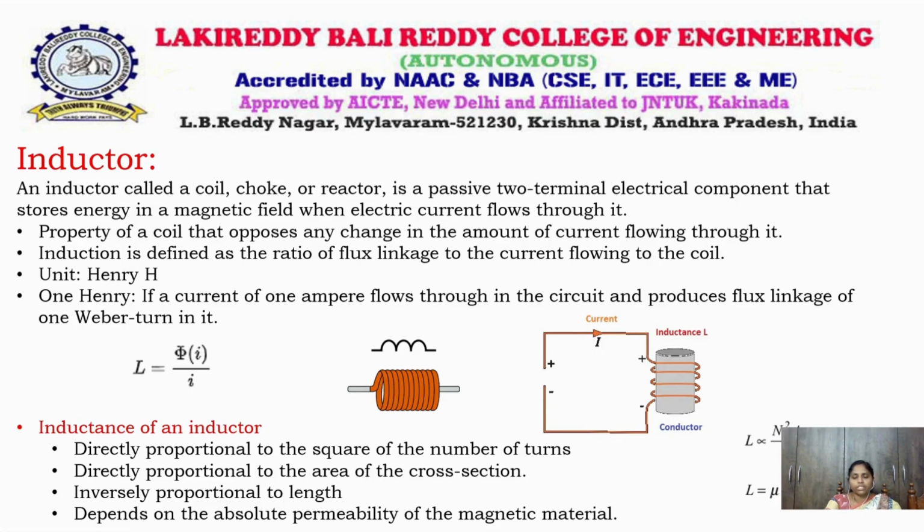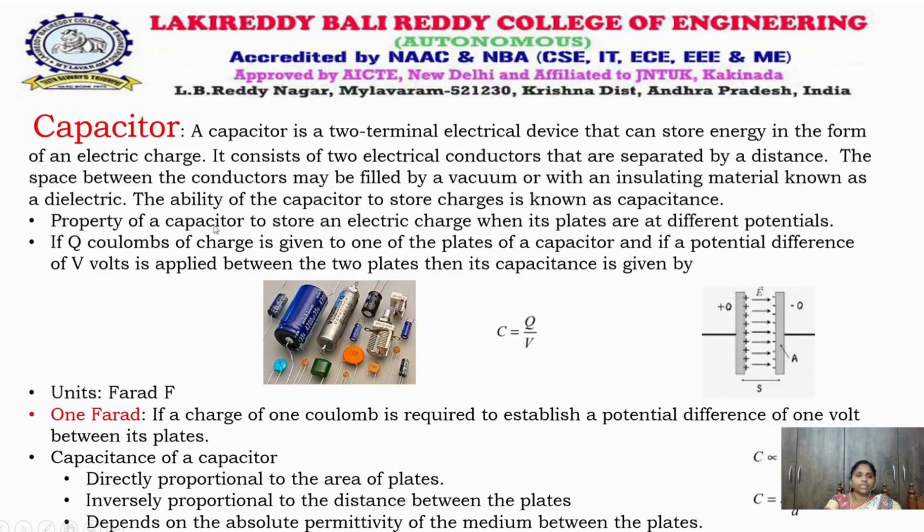Now coming to the next one, that is the capacitor. This is also one of the basic elements. Here the capacitor is a two-terminal electrical device which can store energy in the form of an electric charge. In case of an inductor, it stores energy in the form of a magnetic field, and here the capacitor stores energy in the form of an electric field.